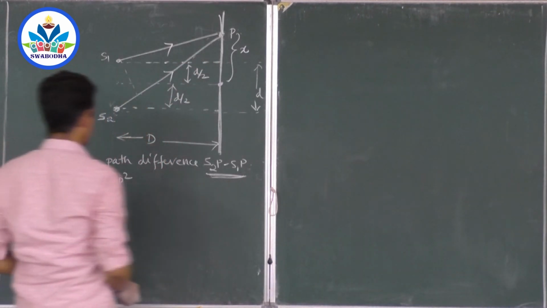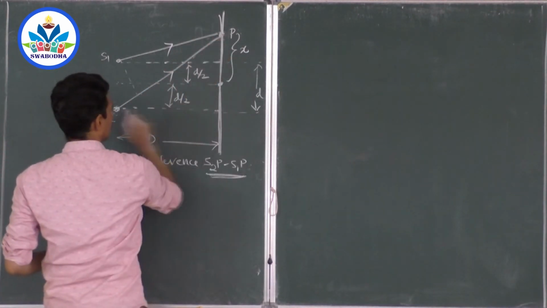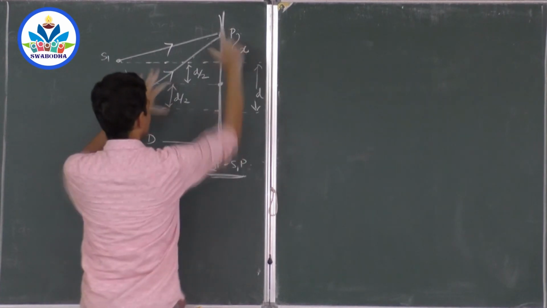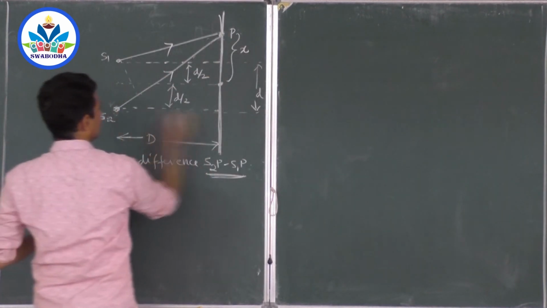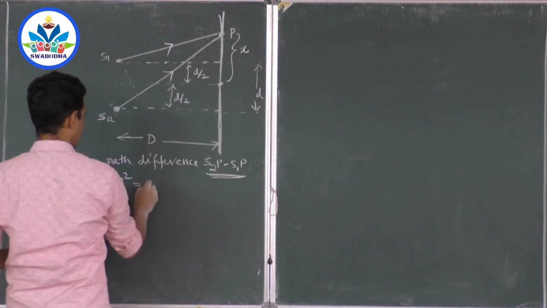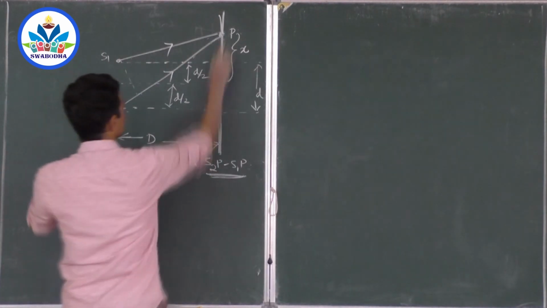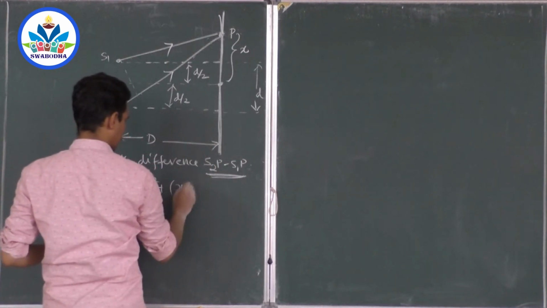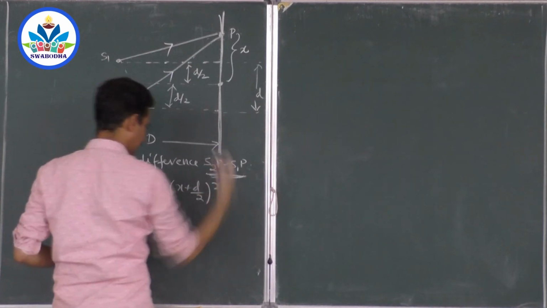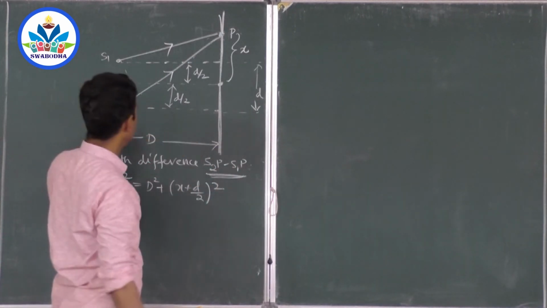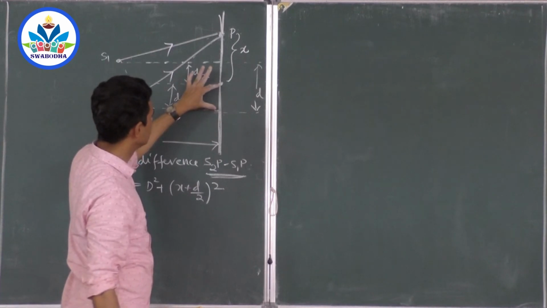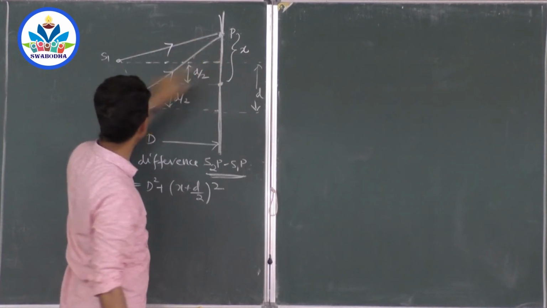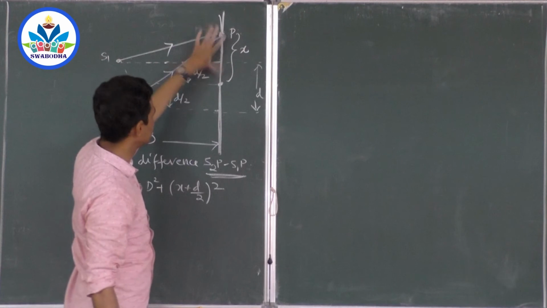So what I can write, S2P square is equal to D square plus x plus D by 2 whole square. Am I right? The whole distance is D. D by 2 plus x whole square.